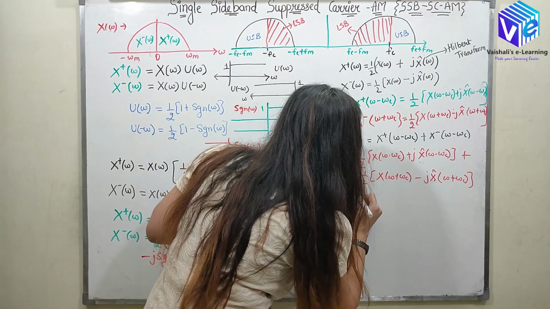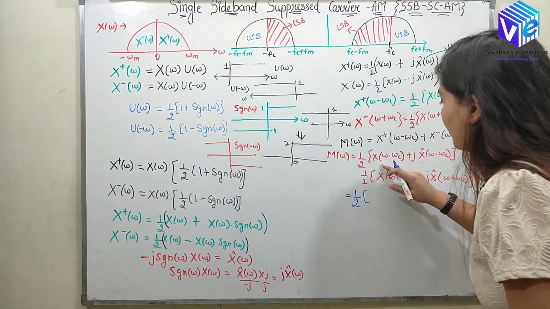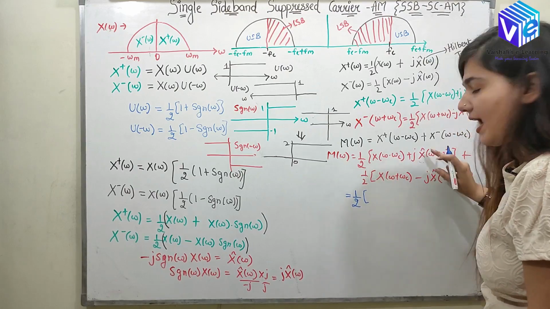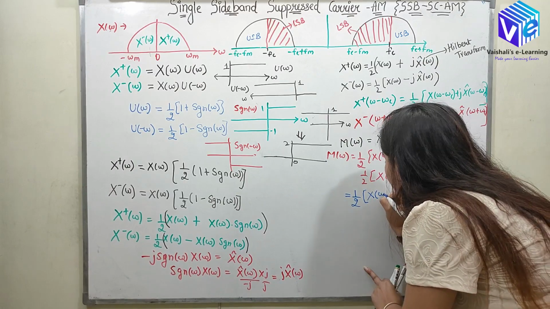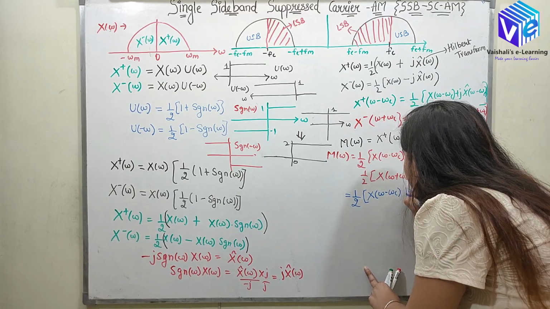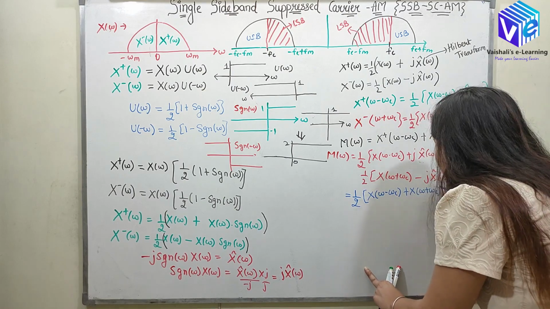So now rearranging these terms, I can take 1 by 2 outside and I can add the real parts and take the imaginary parts together. So X of omega minus omega c plus X of omega plus omega c.